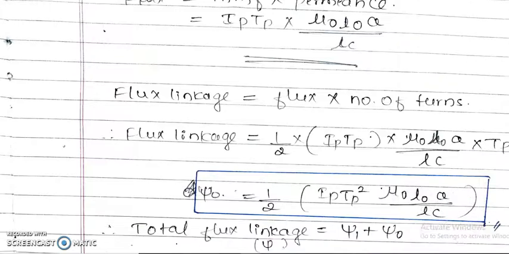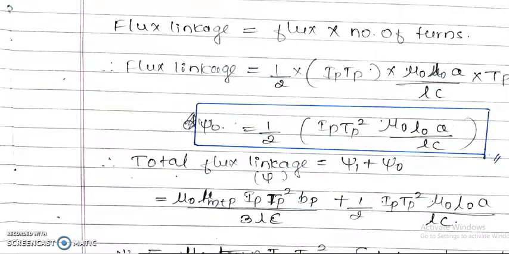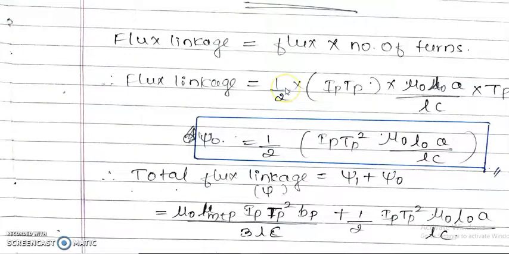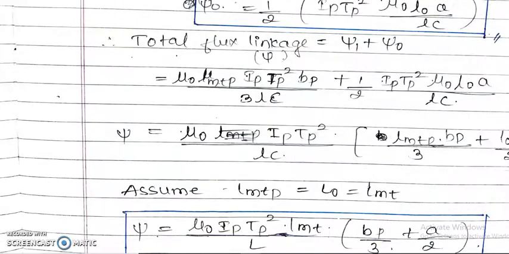Flux linkage you calculate after that, and then the total flux linkage. After that you divide it by 2, you will get the duct flux linkage. And total flux linkage means what? Flux linkage of primary plus flux linkage of duct. Just add these two.